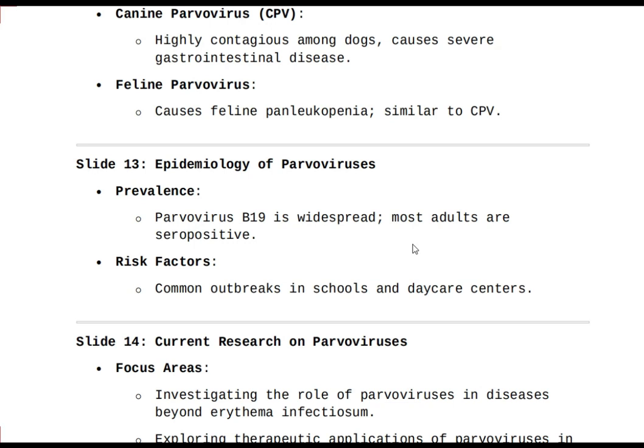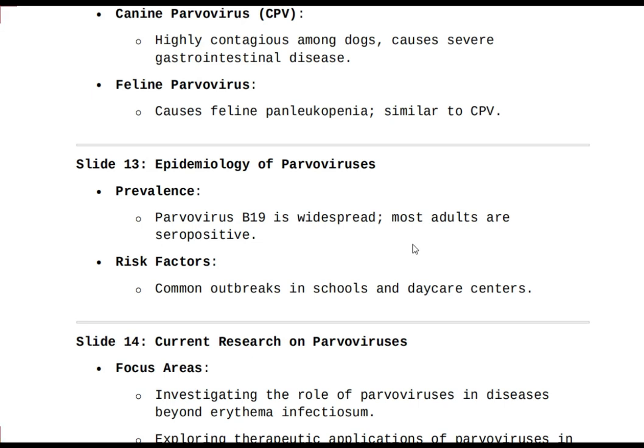This is when you see blood in their stool. The other one is feline parvovirus, which can cause panleukopenia.